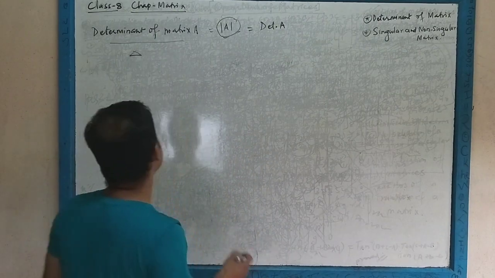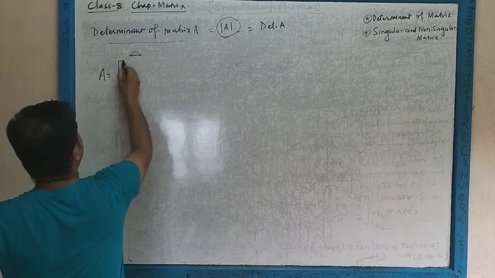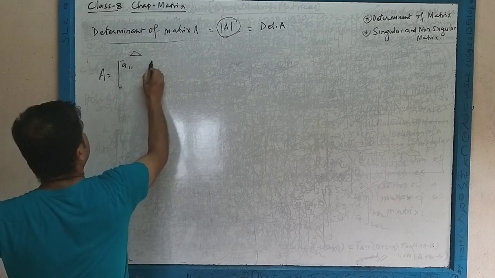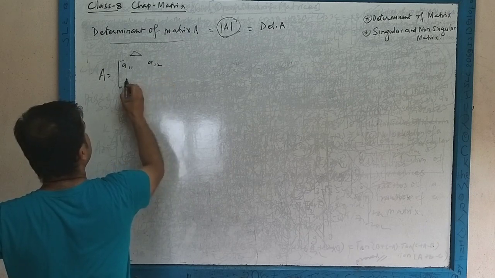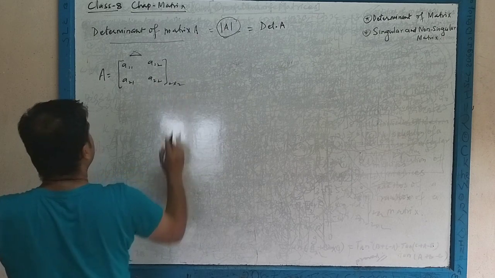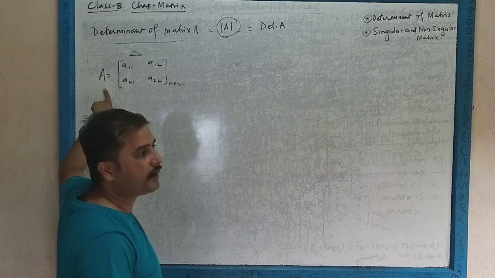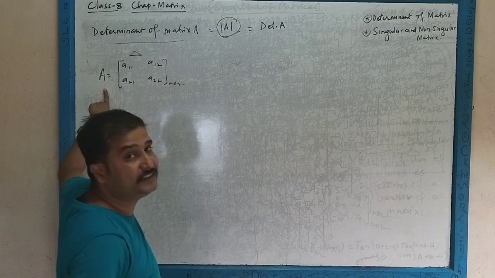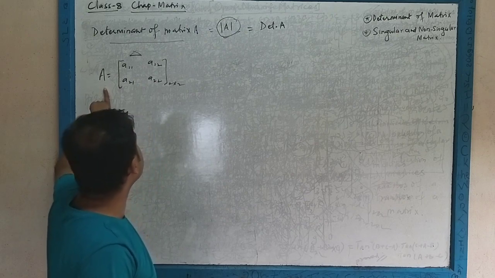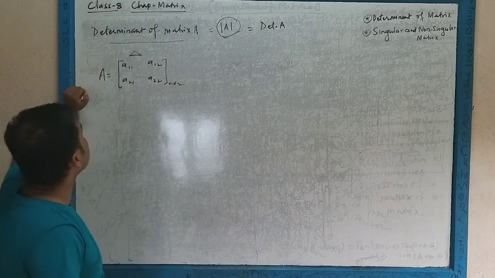Let's take an example. If I take A is equals to A11, A12, A21, A22. We can find the determinant of only square matrix.